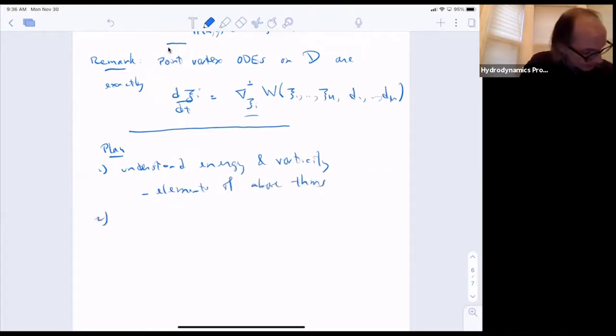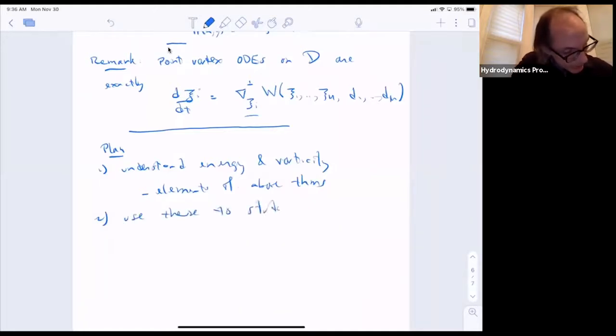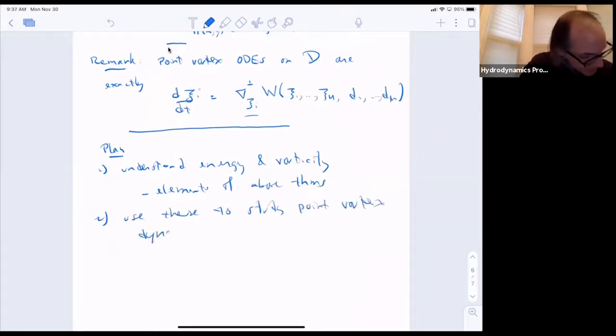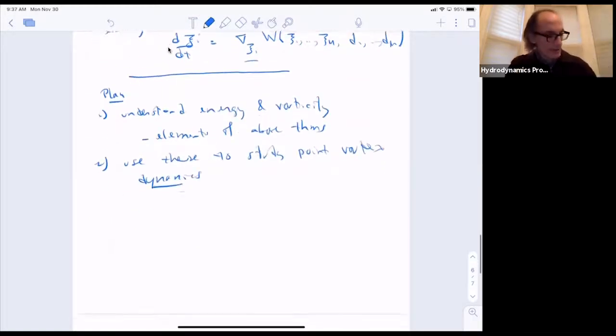And then see how, so use these to study point vortex dynamics.